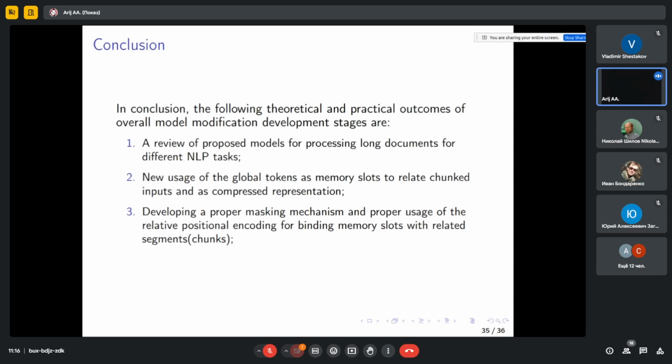And finally, the developed designs were implemented, and the results were publicly published on the internet. That's it for the presentations, and I'm ready for questions and notes.